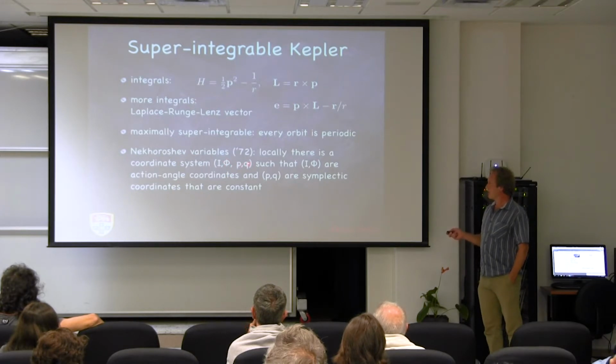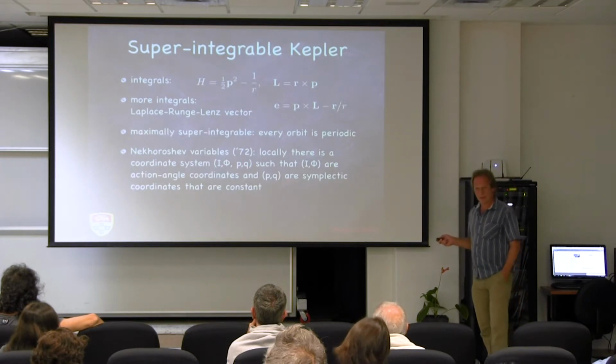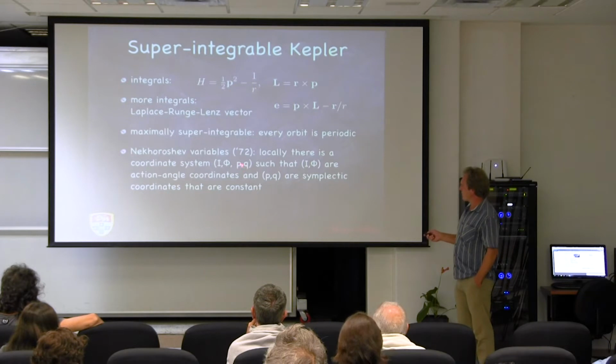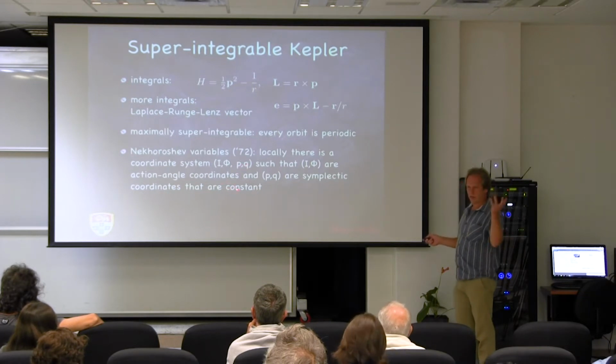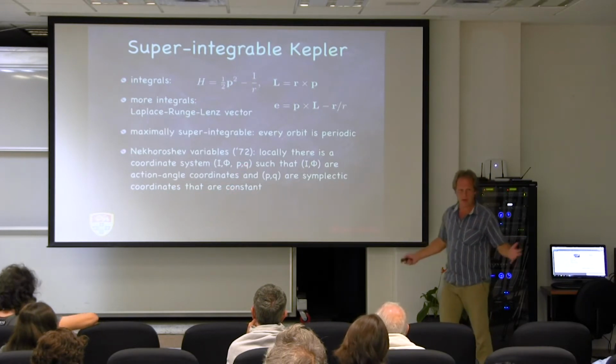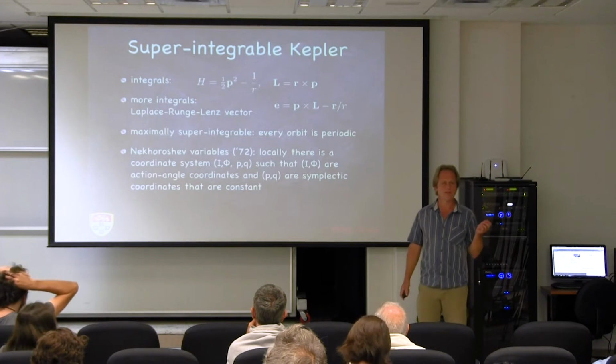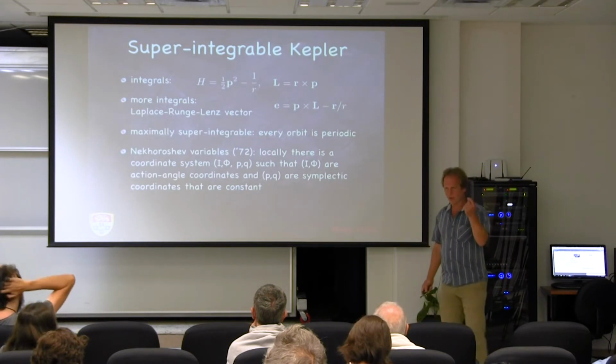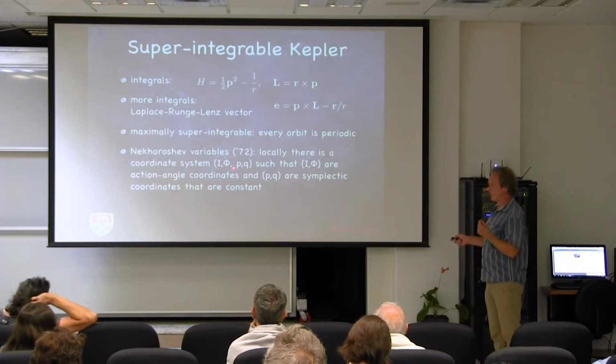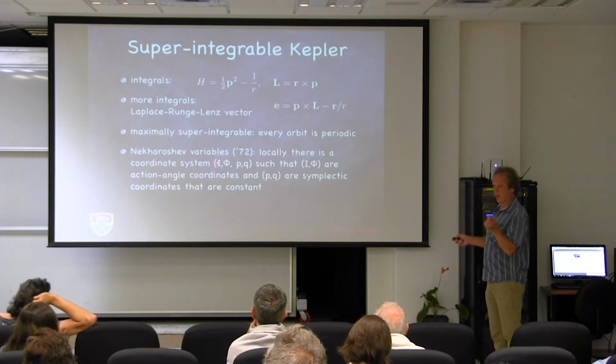But then there are more, p and q, some symplectic coordinates. And the strange thing about these p's and q's is that their dynamics under the Hamiltonian is that they don't have dynamics. They're all constant. So p's and q's are constant, and I and phi are as before. So I is constant and phi is an angle.